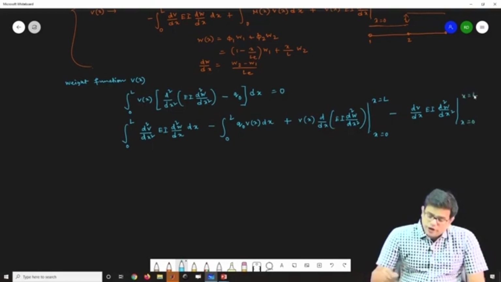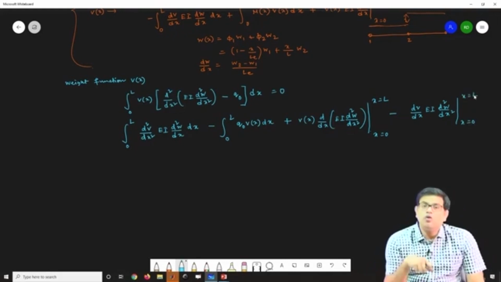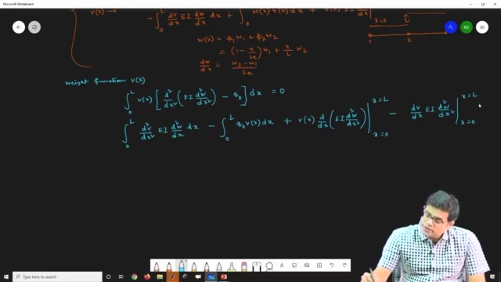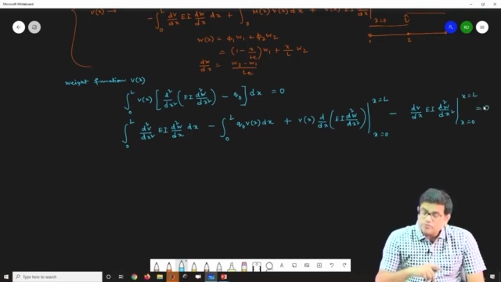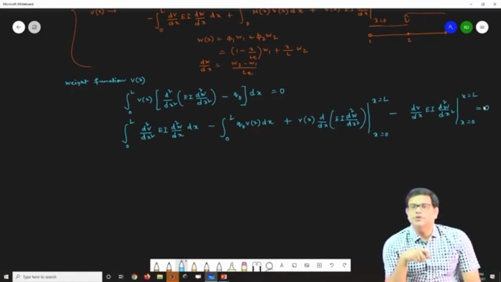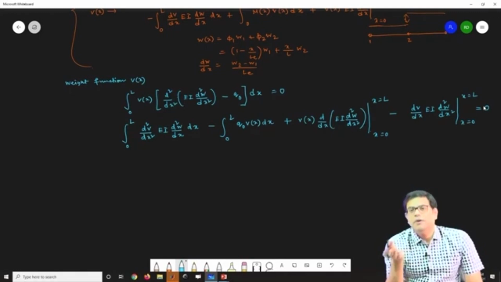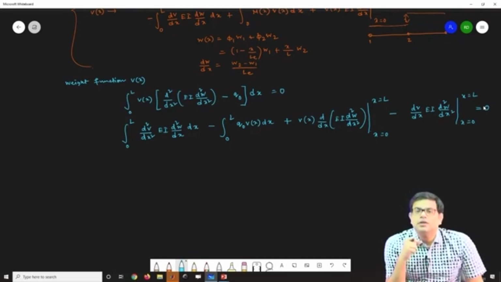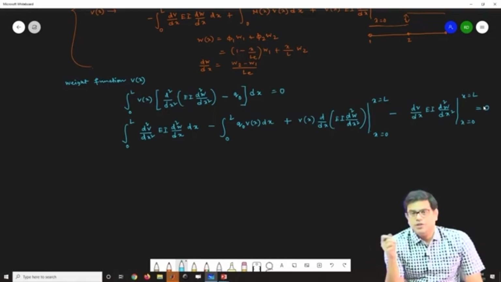So now if you look carefully, our weak form requires second order continuity at least, because what I mean by that is that we need non-zero second order derivatives for our approximations.